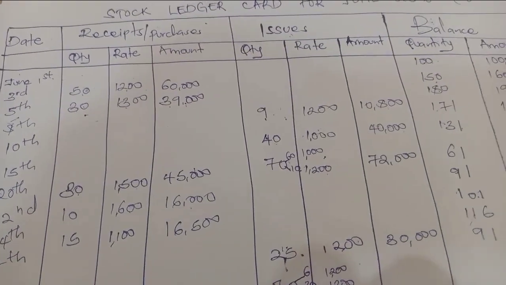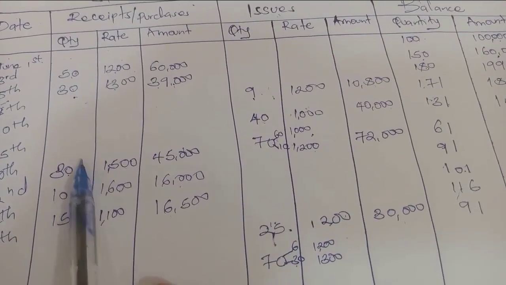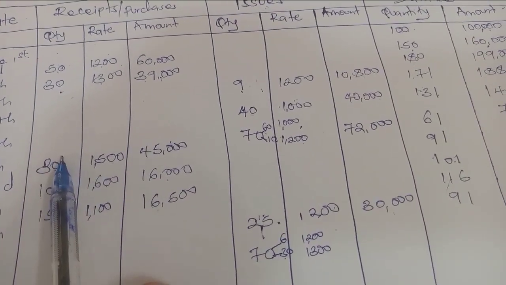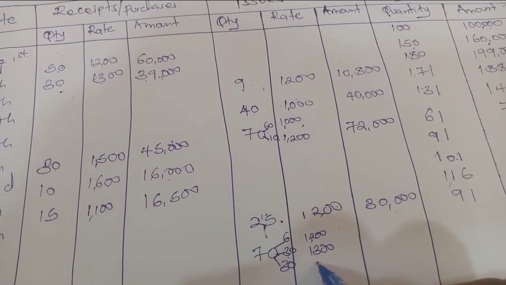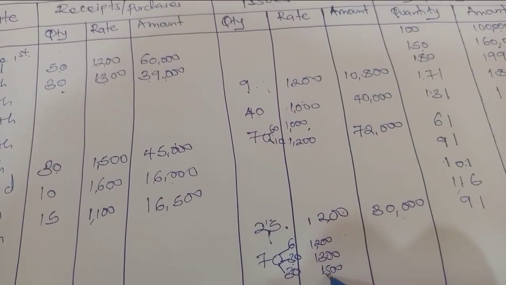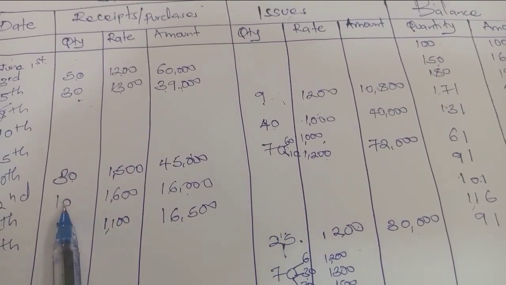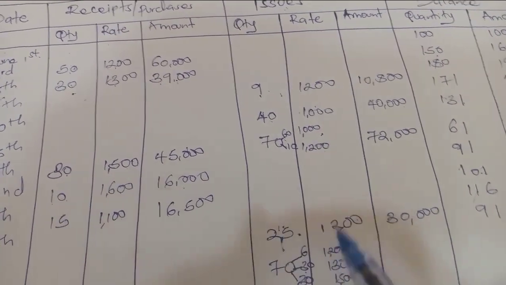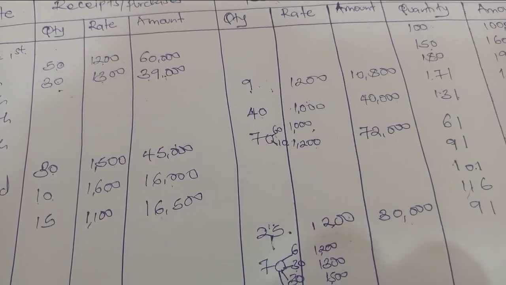We also get 30 from these purchases that were made on this date. So another 30 at 1,500. Then we get 4, the remaining 4, to make 70 from this one. So 4 were issued at 1,600.